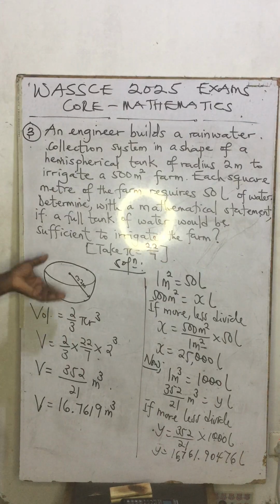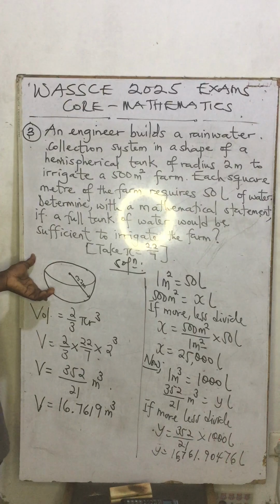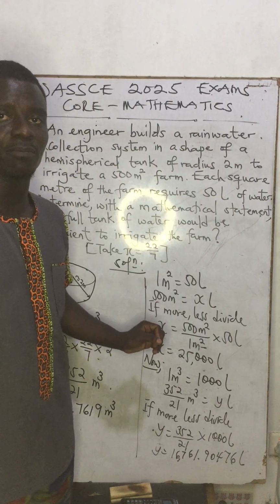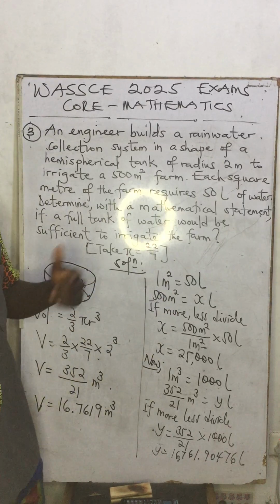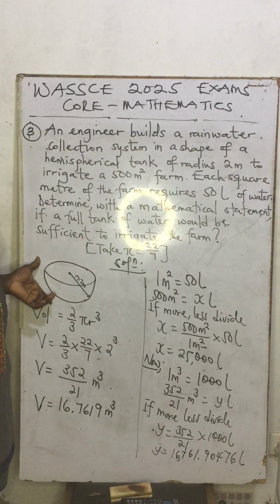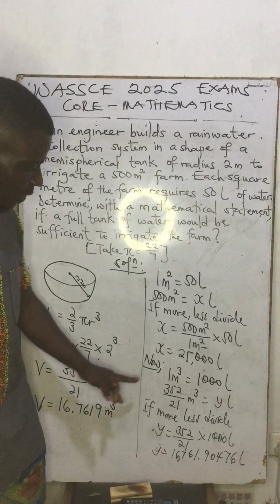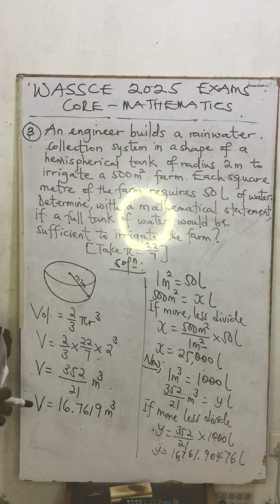Now a full tank means one tank of water. Will it be sufficient to irrigate the 500 meters squared farm? No, it won't be sufficient. We will need more tanks to be able to irrigate the farm, because this is 25,000 and this is 16,761.